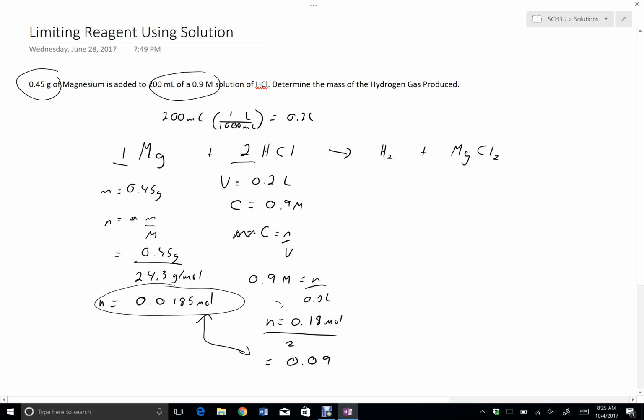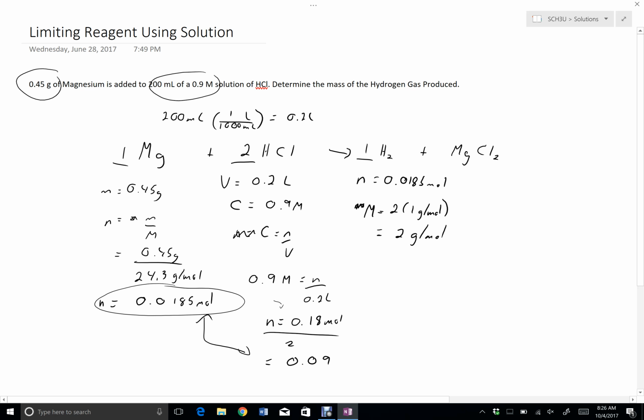So with that in mind, that's how much hydrogen gas is produced, right? They're in a 1:1 ratio, so I don't need to do a mole ratio. So I want my mass here, so I need my molar mass. 2 times 1 gram per mole for hydrogen. Don't forget that it's diatomic, so it needs to be 2.